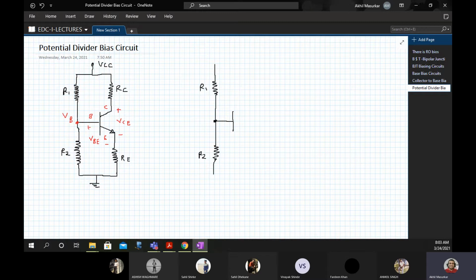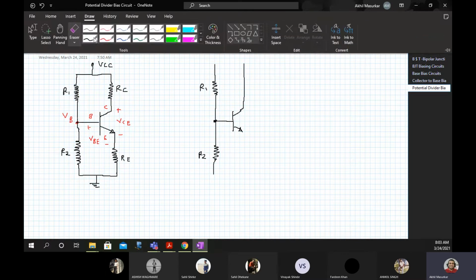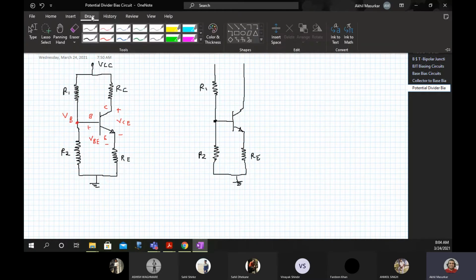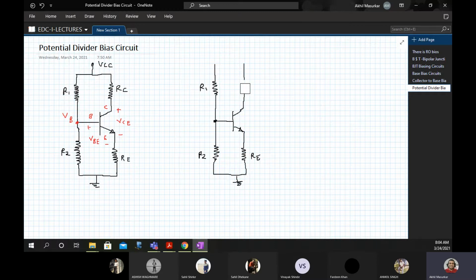Then we have our BJT. This is again ground, this is RE, and at the top again I have RC.